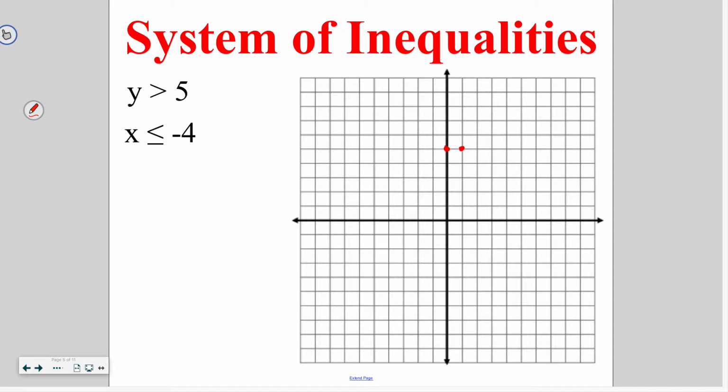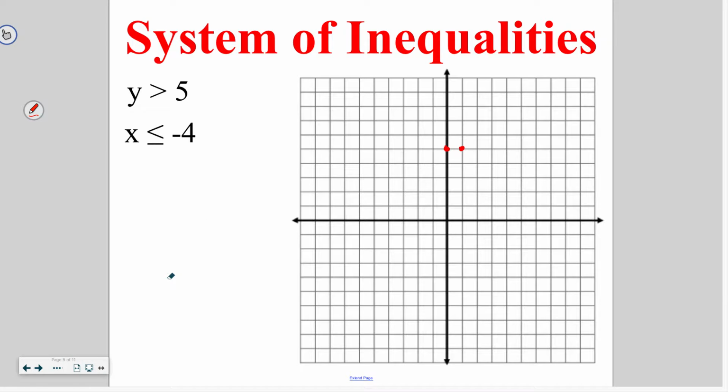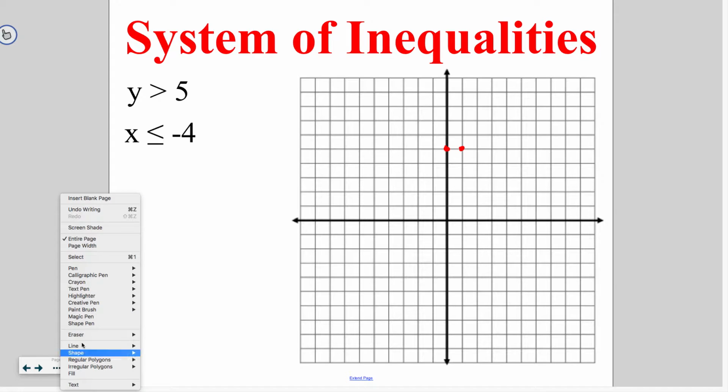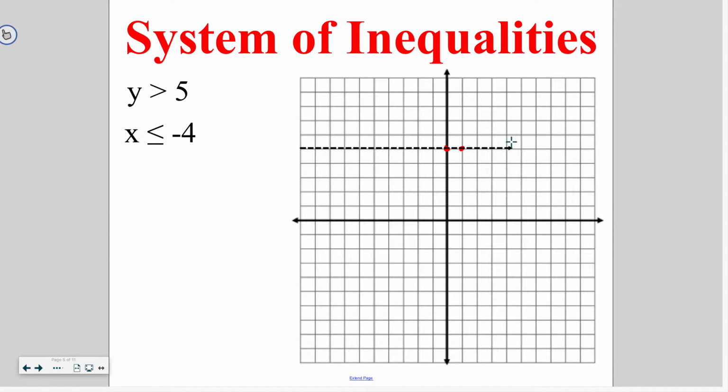Now, because we have greater than, we are going to have a dashed line because it is just greater than, and it is going to be a straight horizontal line. So there we go, going all the way across, making sure we've got our arrows on the end.